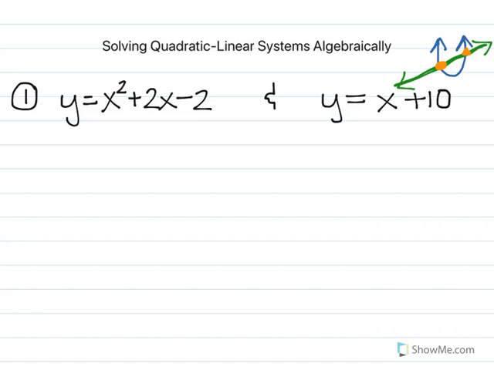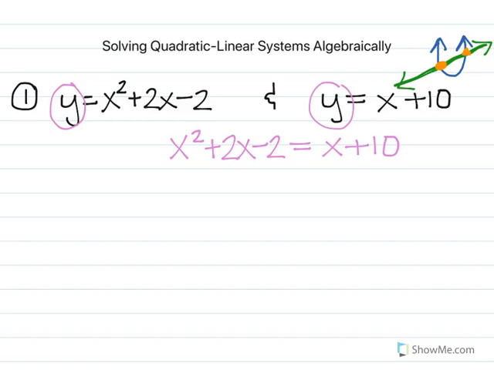So we're technically going to be using the substitution method because since both of these equations are equal to y, we can set them equal to each other. So we're going to have x squared plus 2x minus 2 set equal to x plus 10.